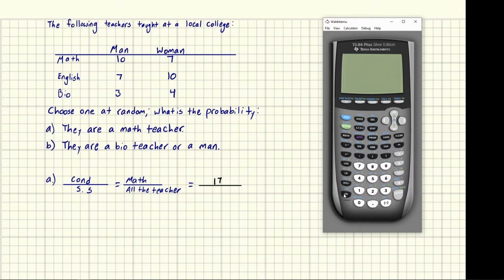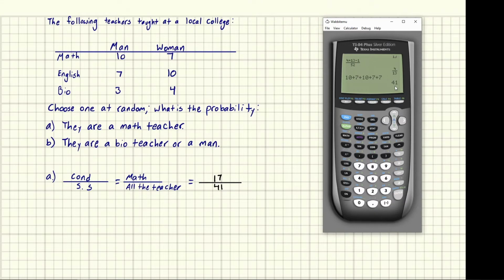So that, let's turn on our calculator, is going to be 10 plus 7 plus 10 plus 7 plus 3 plus 4 is just 7. And so we do that. We get 41 teachers in total. So there are 41. So this would be the probability that it's a math teacher that gets selected.